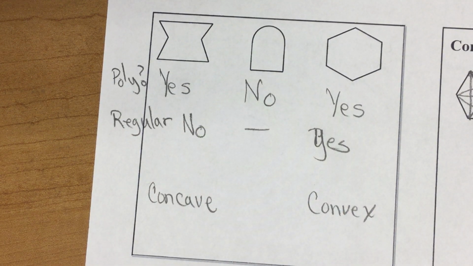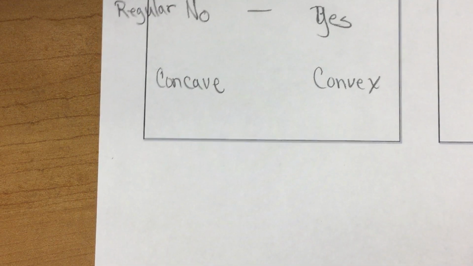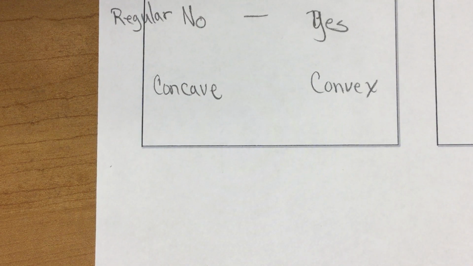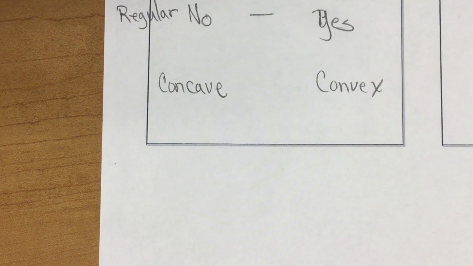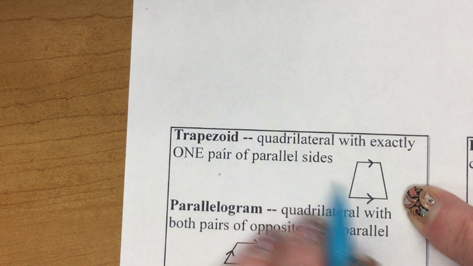Now we're going to look at individual quadrilaterals and what makes a quadrilateral what it is. Okay? So, we're going to start with a trapezoid. A trapezoid is a quadrilateral with exactly one pair of parallel sides.